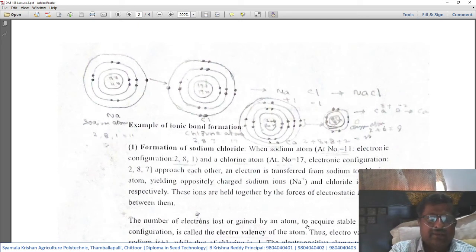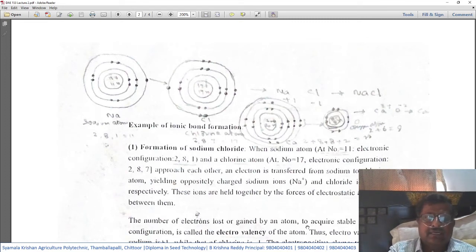In the sodium atom, the innermost orbit contains 2 electrons. The next orbit contains 8 electrons. The outermost orbit, also known as valency orbit, will have 1 electron. This is how the sodium atom's electronic configuration looks. Then you take a chlorine atom.